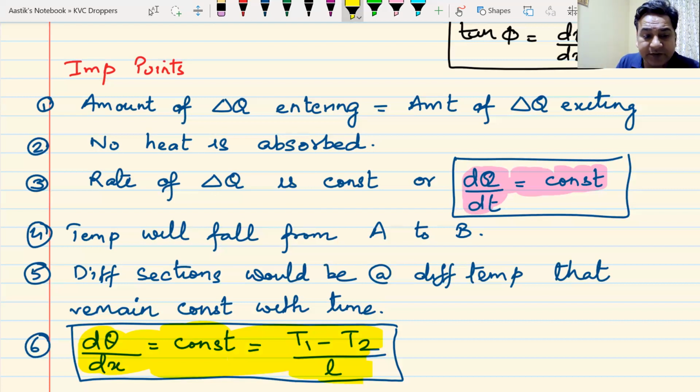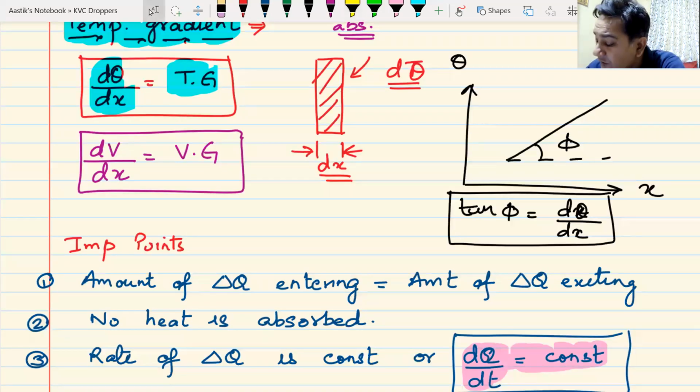Or I can say this in a different way. I have drawn the graph over here. The graph between theta and x would be a what? This will remain constant.